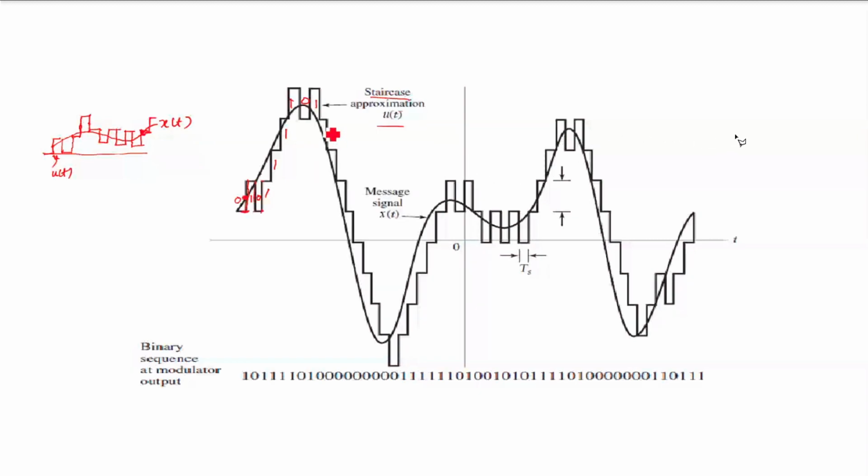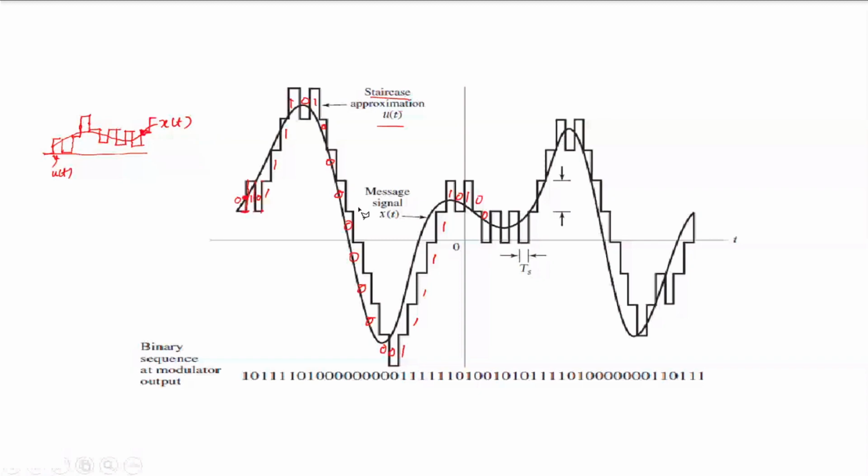Here it is decreasing, it's falling, so here it is 1, here it is falling, so 0 0 0 0 0 0 0, and here again 0 0, and it is rising here, 1 1 1 1 1 0 1 0 0, and so on, right?